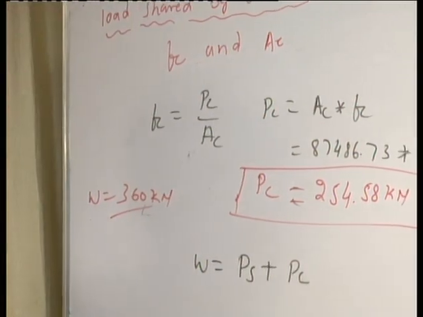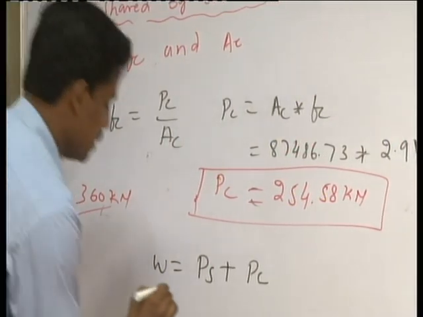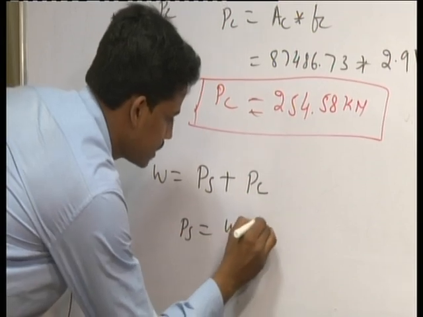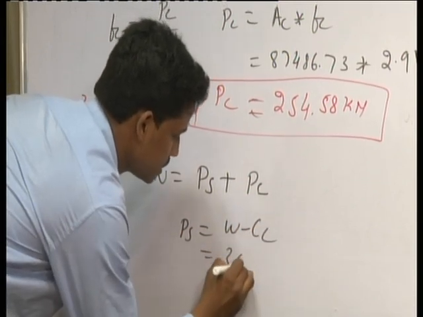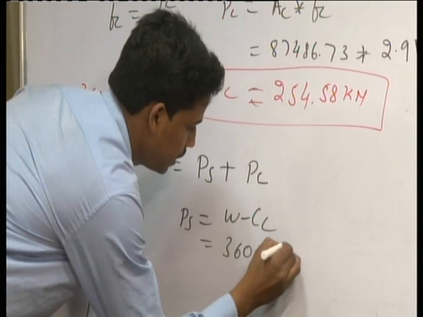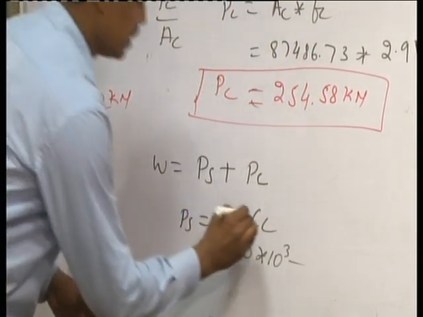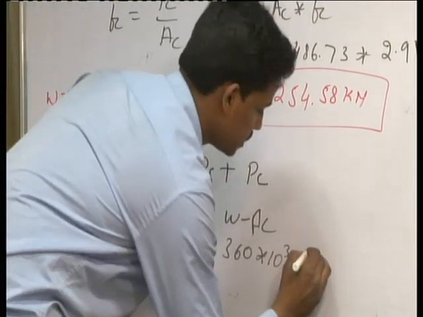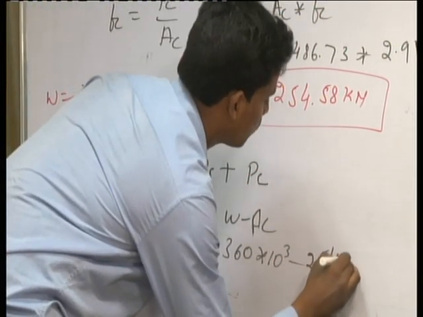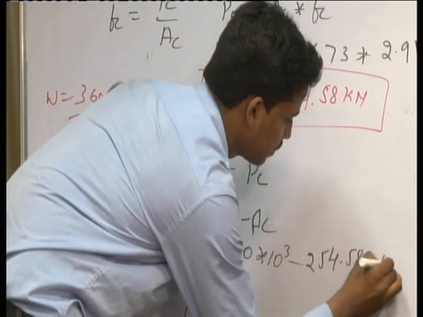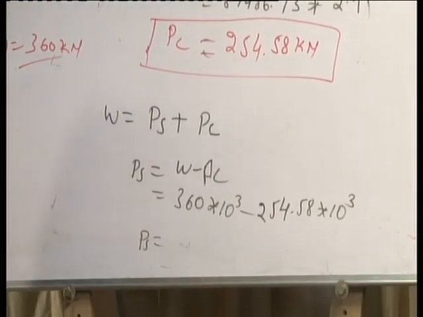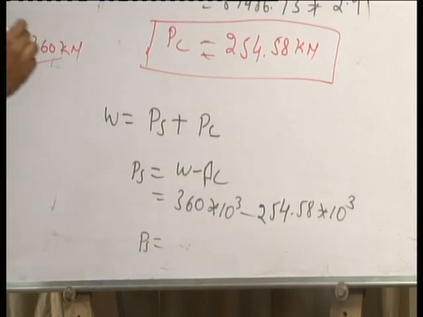We need the actual load shared by the steel, so Ps is W minus Pc. So 360 into 10 to the power of 3 minus the load shared by concrete, 254.58 into 10 to the power of 3. So we will get the load shared by the steel as 105.42.